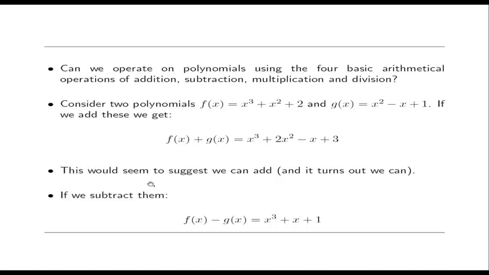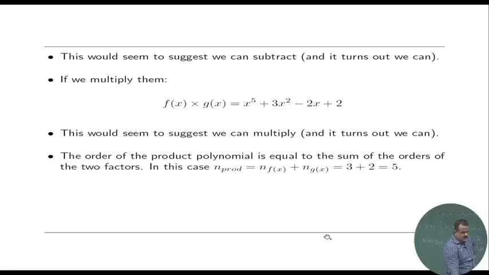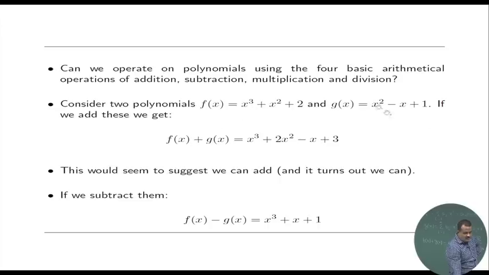Now, similarly we can define the subtraction. Subtraction is basically we just take the minus of g(x). Minus of g(x) means we take the minus of the coefficients, then we take the addition. And then the multiplication: if we want to multiply two polynomials f(x) and g(x), we just take this into this.